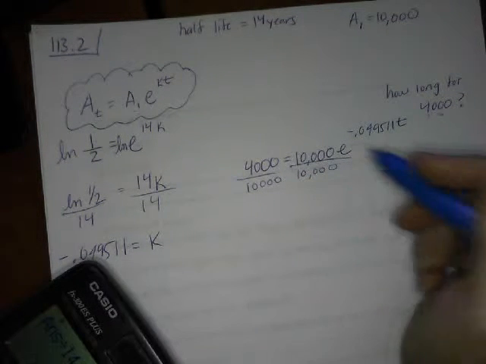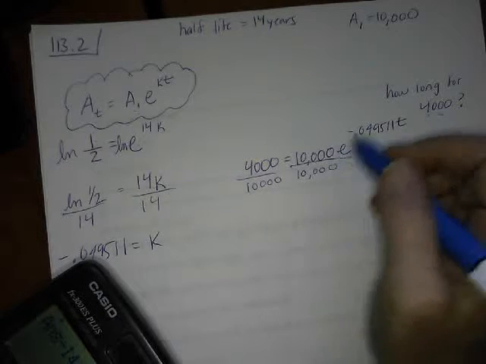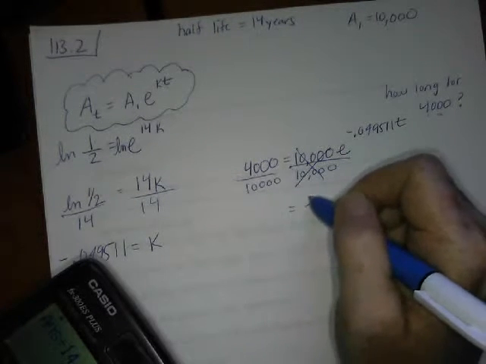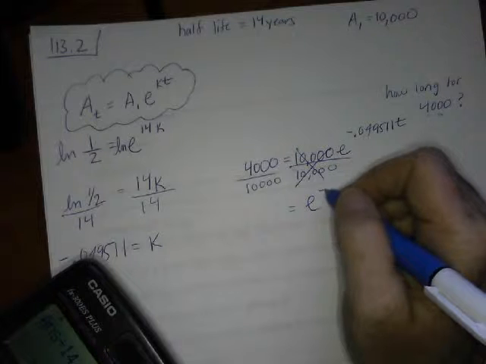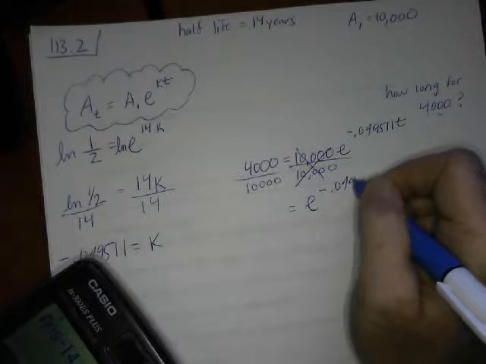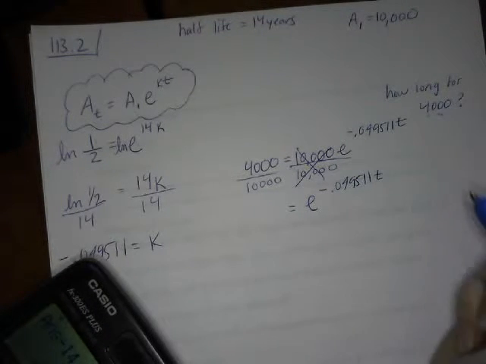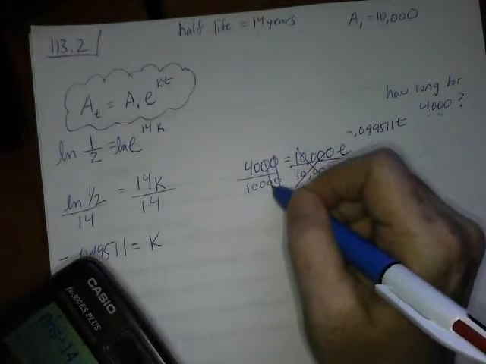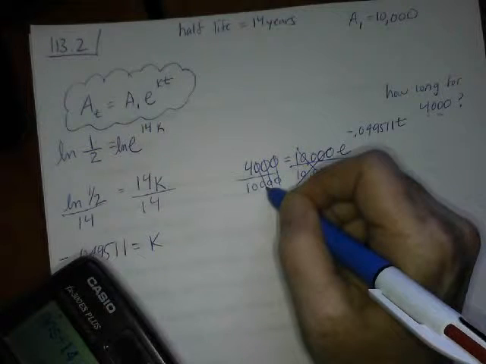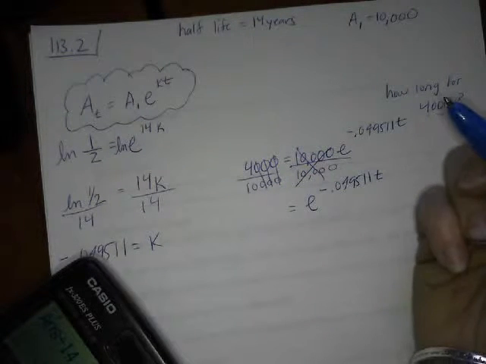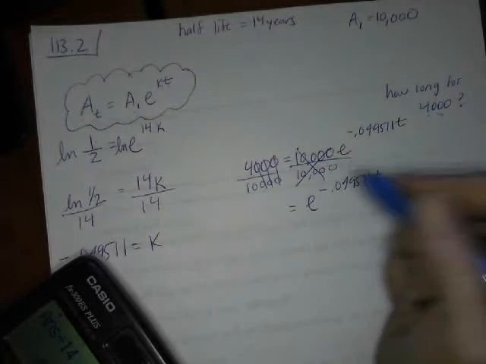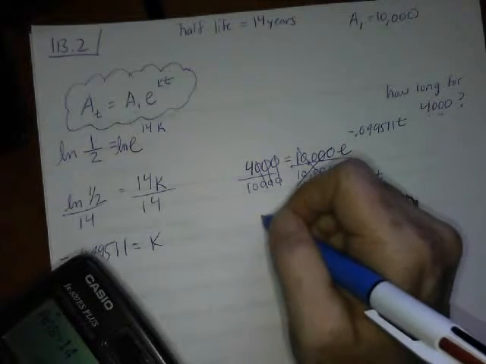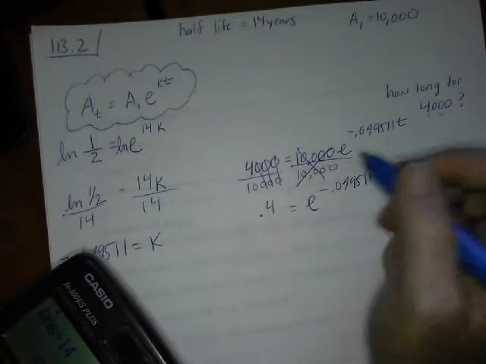So that's going to give e to the negative... 4/10. That's 2/5. Well, I don't know, it's 4/10. It's 0.4, I guess you could say. Hopefully I don't mess that up.